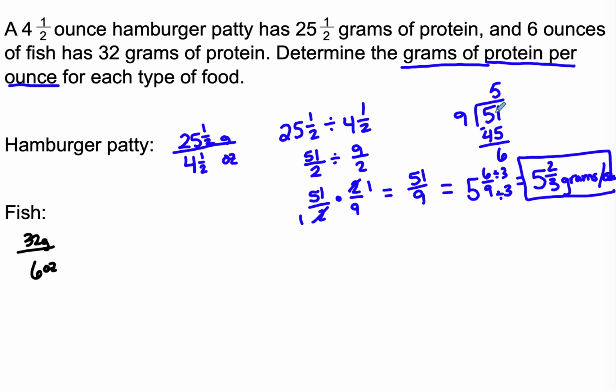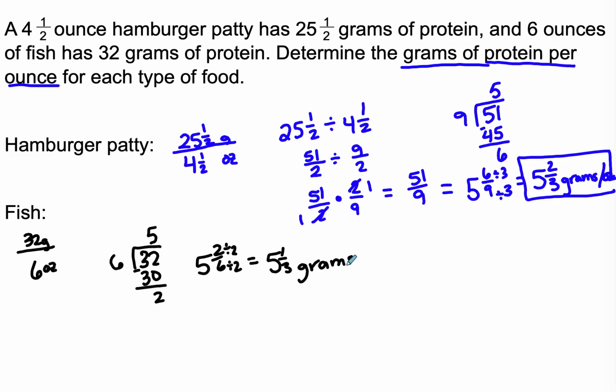We can just jump right to a problem that looks like this. 32 divided by 6. 6 goes into 32 5 times. 2 as a remainder. So we have 5 and 2/6, which can be divided by 2. So that makes it 5 and 1/3 grams per ounce.